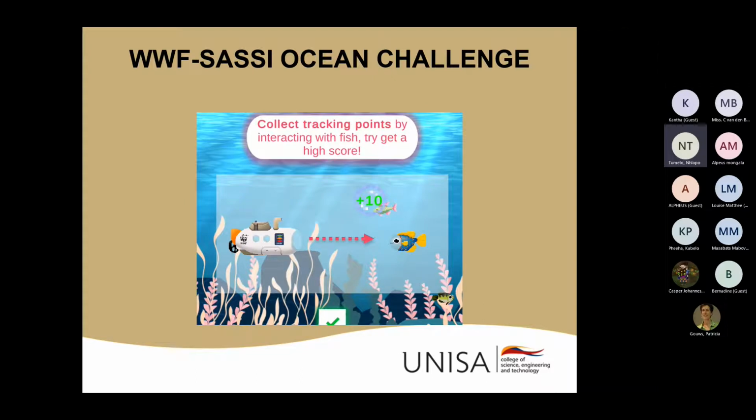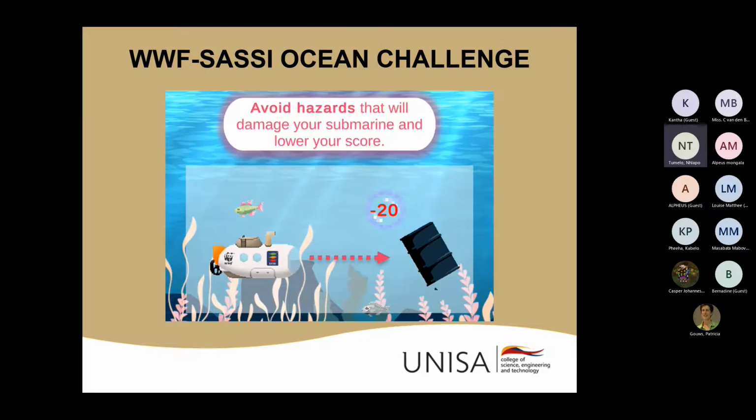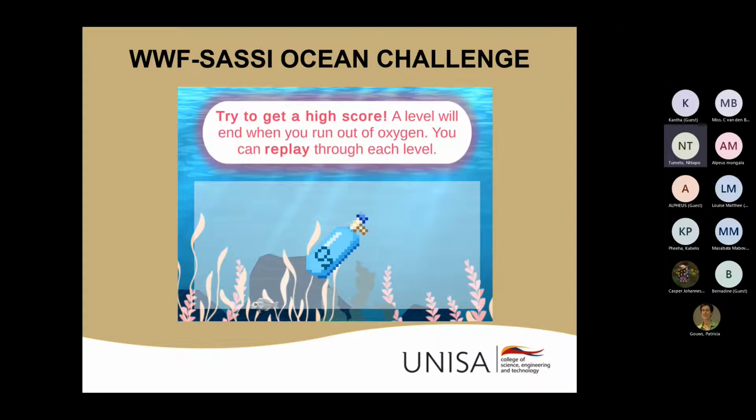When your robot collects lots of objects that represent fish, that means a higher score, collecting those objects and placing them in a certain place. Your robot will have to avoid certain hazards, so you need to have distracting objects, but place them strategically so that those are your hazards. And then this can be a repetitive game.